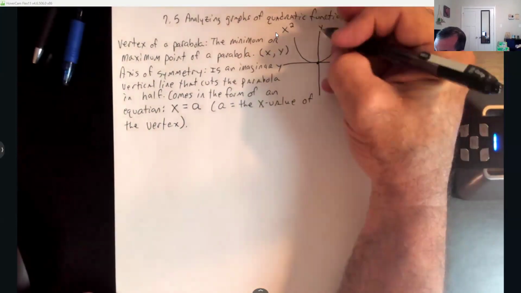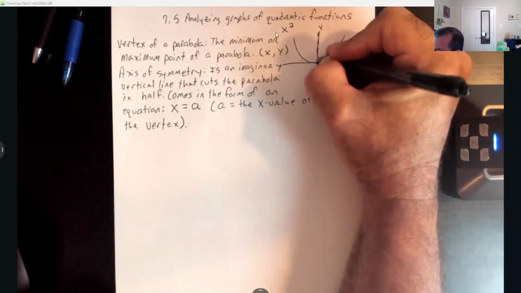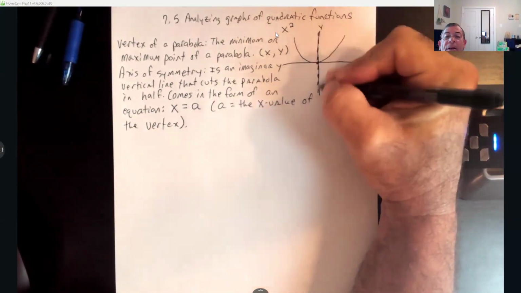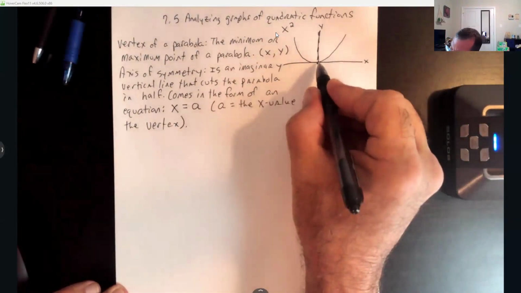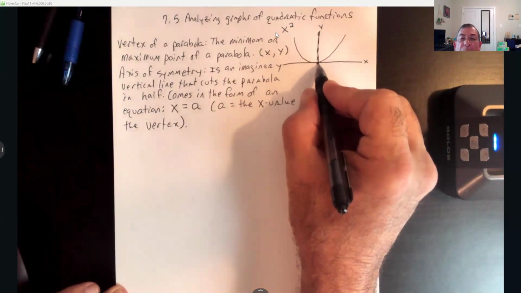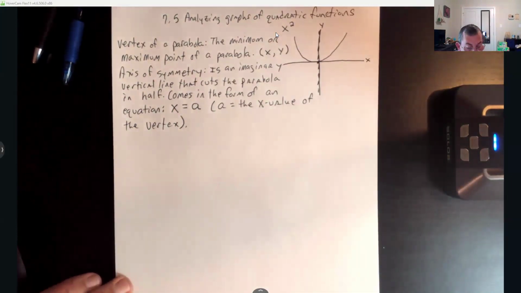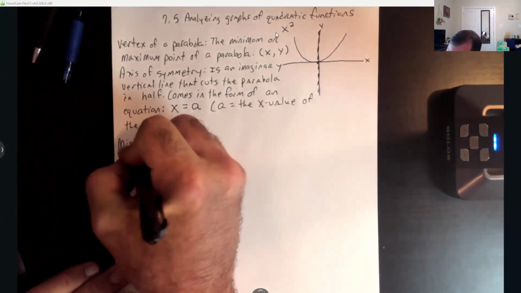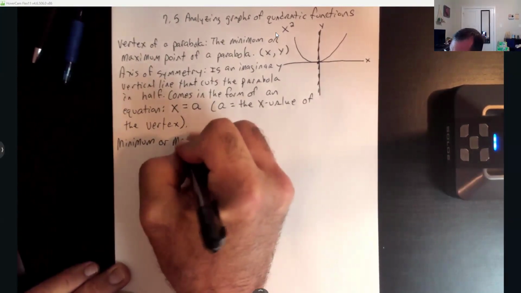All right, so we just said that the axis of symmetry is sort of like an imaginary vertical line cutting this parabola in half. Well, we also got what we call minimum values, or if it was flipped over, it would be a maximum value.